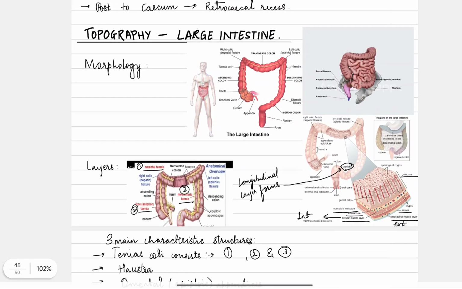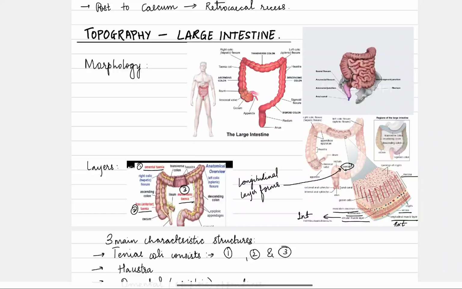Next is topography of the large intestine. Now morphology. Large intestine is divided into cecum, appendix, ascending colon, right colic flexure, transverse colon, left colic flexure, descending colon, sigmoid colon and rectum.